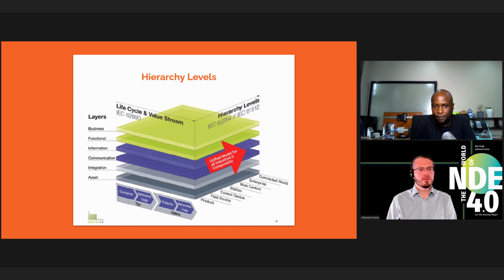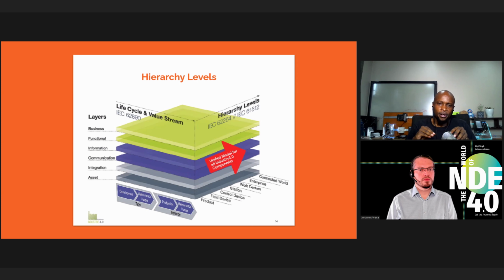So with RAMI 4.0, these are represented as levels of a manufacturing organizational hierarchy to which an asset could be assigned, by defining the roles and responsibility within a manufacturing facility. So you have got your field devices which are responsible for sensing and manipulating the production itself, right? So that's a role and responsibility. So you can identify what assets belong to that level.